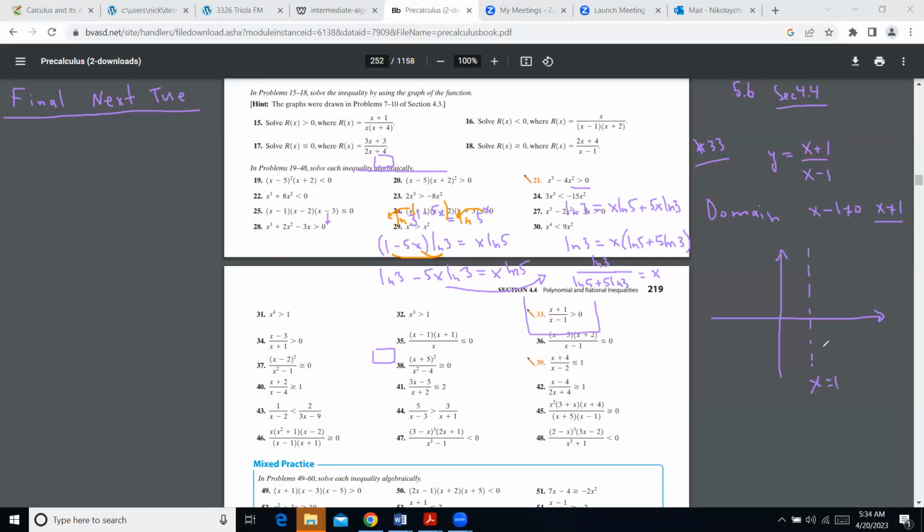We're also going to have another asymptote called the horizontal asymptote. And to find this horizontal asymptote, I want to look at the coefficients with variable letter x.